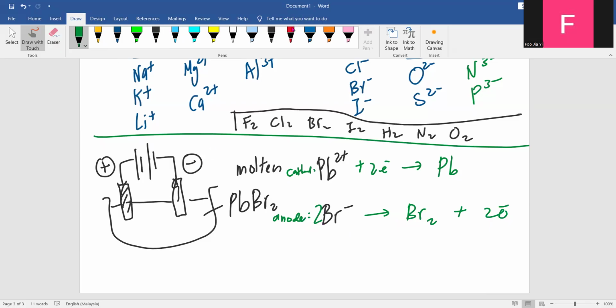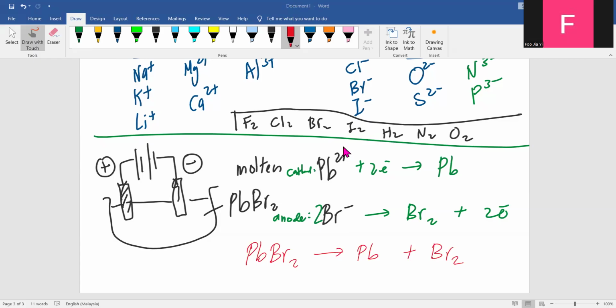So the overall equation is PbBr2 becomes Pb plus Br2. Okay, now let's try.